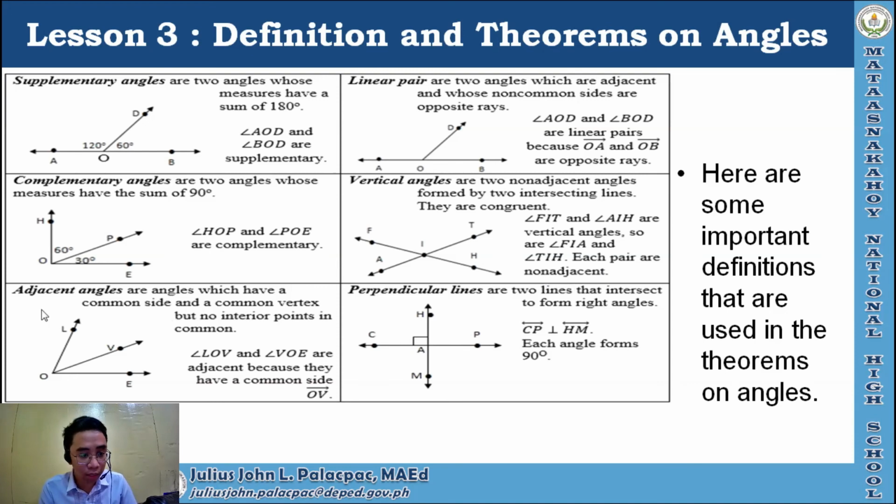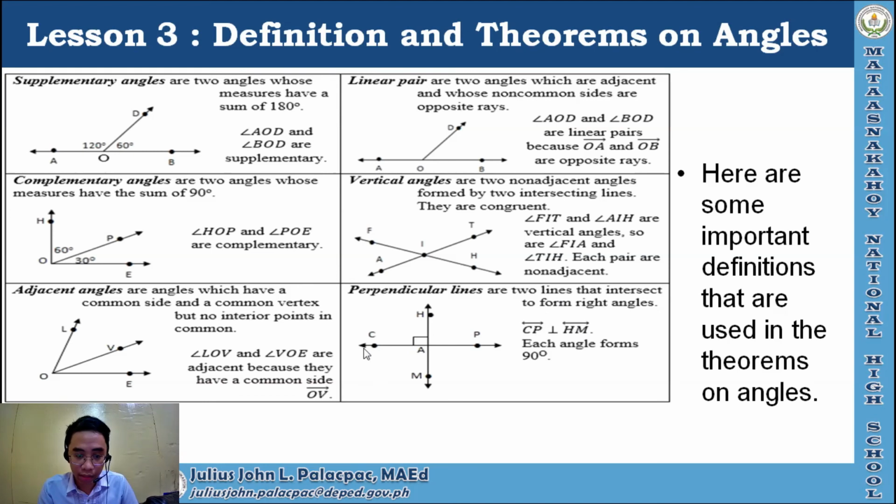Diba? Adjacent angles naman are angles which have a common side with a common vertex. So, angle LOV at angle VOE ay adjacent angles because they have ray OV as their common side. Adjacent angle ang tawag doon kapag may common side sila. Perpendicular lines are two lines that intersect to form right angle.